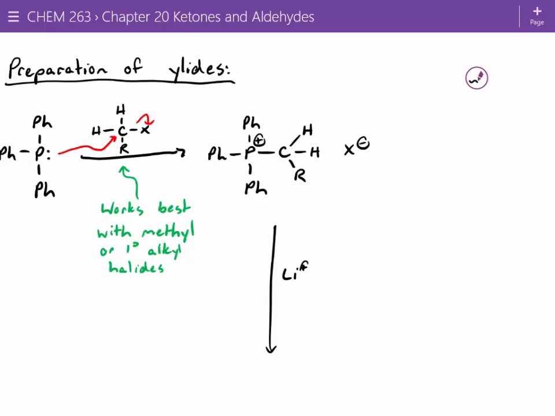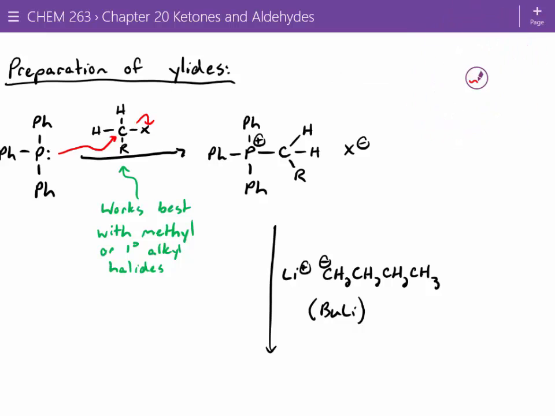All right, now the next step, we're going to take a lithium reagent. This is called butyl lithium, which is a very strong base. So I'll just abbreviate this BuLi from now on.